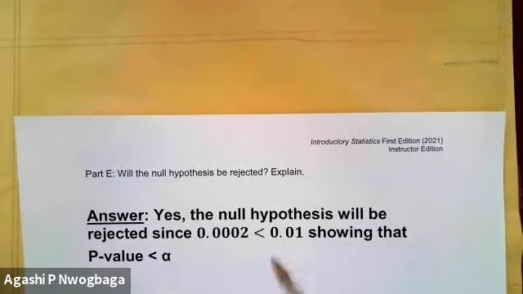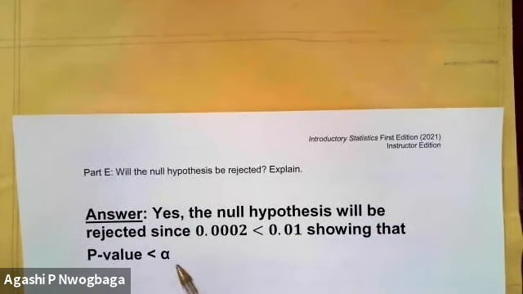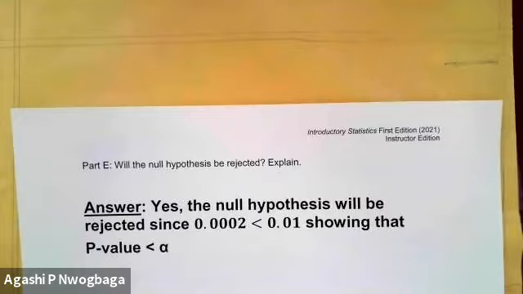This is the p-value, and this is the level of significance alpha, showing that indeed the p-value is less than alpha. And whenever the p-value is less than alpha, we reject the null hypothesis. So we reject the null hypothesis.